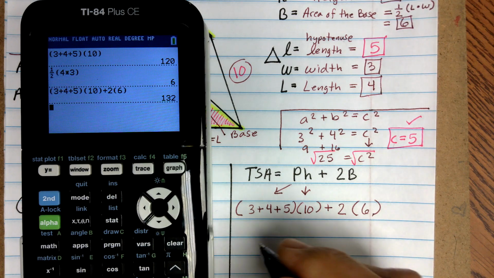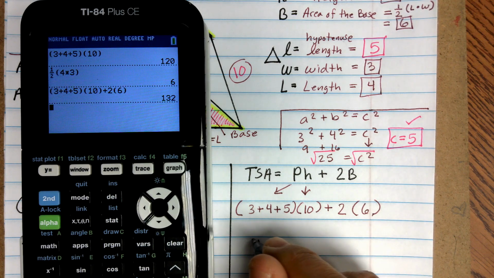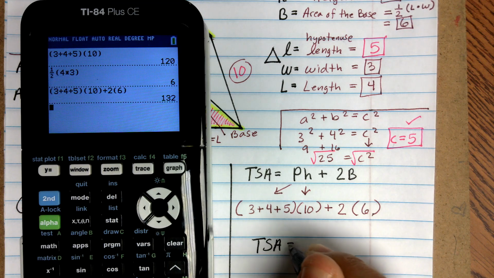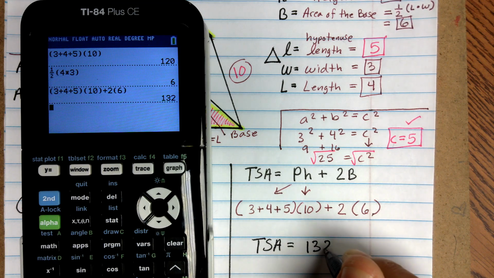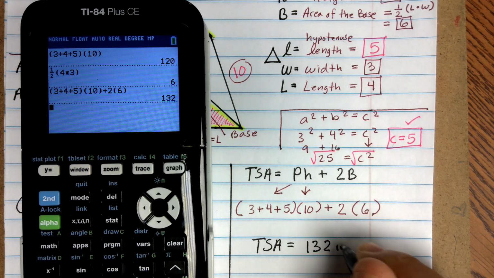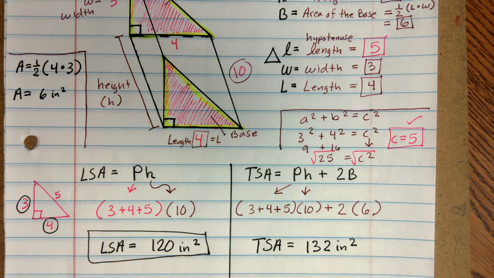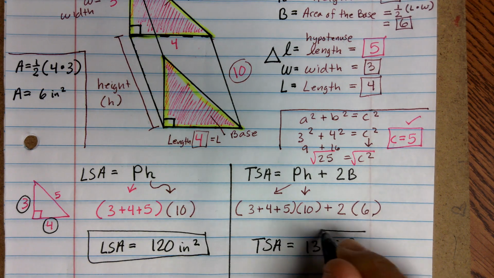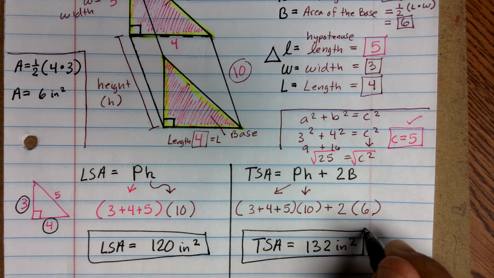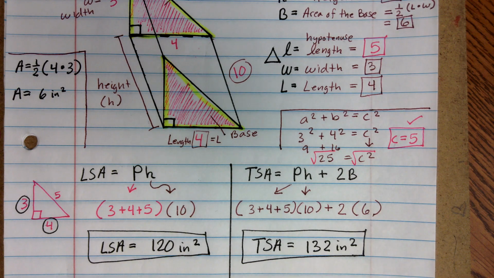So the TSA, our total surface area, is equal to 132 inches squared. And that's how you solve for the lateral surface area and total surface area of a triangular prism.